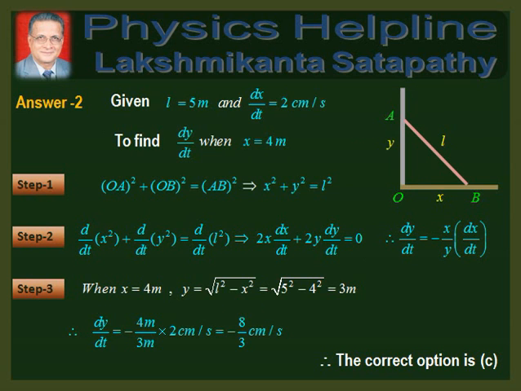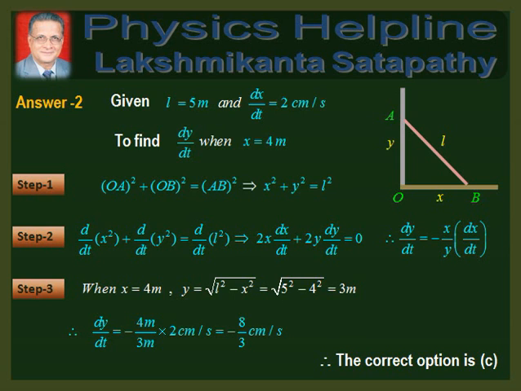Now, let us solve the problem in question 2. Consider a ladder AB of length L leaning against a vertical wall as shown in the figure. Let the distance of the foot of the ladder from the wall be OB is equal to x and the height of the ladder on the wall be OA is equal to y.